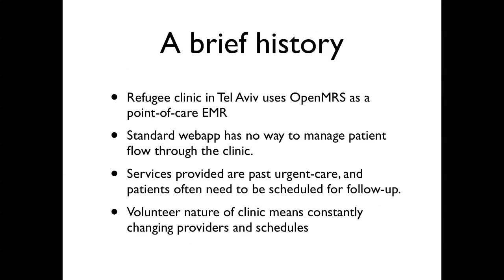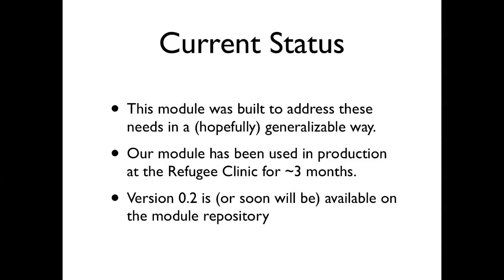And we felt that we needed to do something that tied together our master patient index, which is our OpenMRS, along with the scheduling and appointment needs that we had. So the module was created to address these needs, and along the way we've been working with the OpenMRS community so that what we've created is hopefully something that's generalizable to other implementations and other clinics around the world.